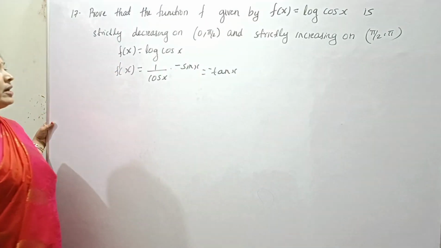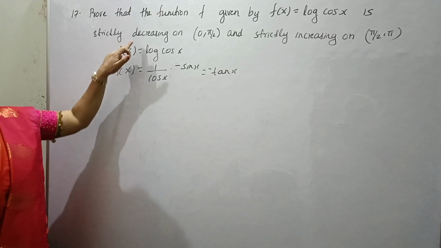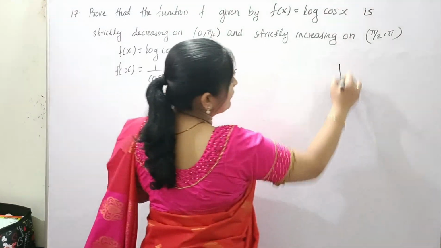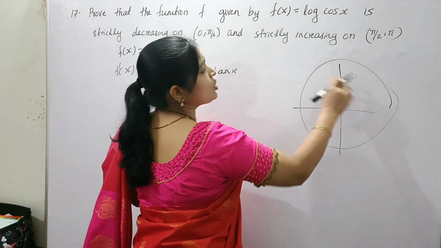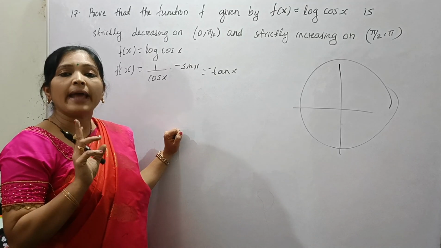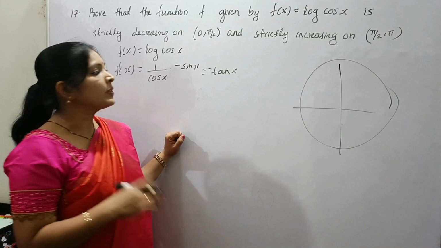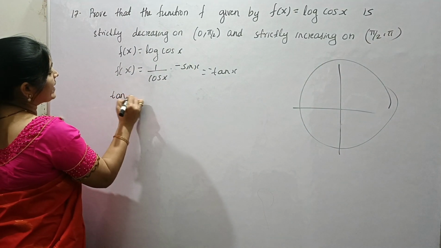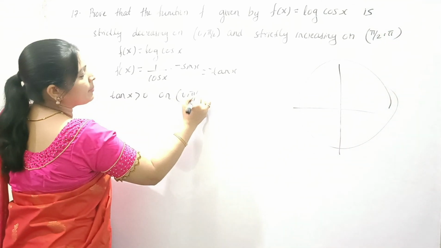So here we have to prove f dash of x is less than 0 on the interval 0 to pi by 2. We know that 0 to pi by 2 lies in the first quadrant. In the first quadrant, tan x is positive, but minus tan x is negative. So tan x is greater than 0 on 0 to pi by 2.